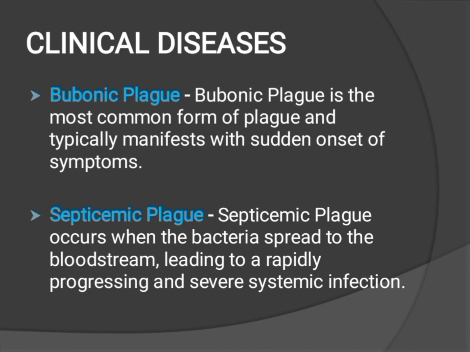Septicemic plague can develop from untreated bubonic plague or as the primary form of the infection. It can also result from direct exposure to infected tissue or fluid. Septicemic plague is a life-threatening condition that can lead to multiple organ failure and even death.